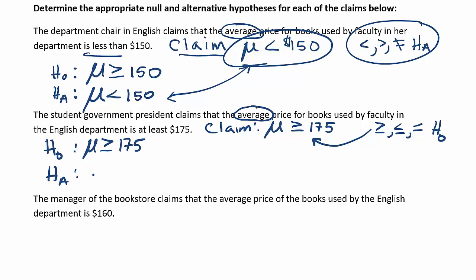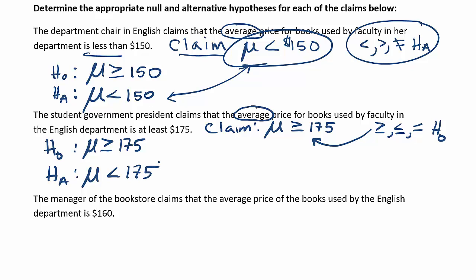And then the alternative hypothesis, of course, has to express the opposite idea, right? So again, just based on the symbol, we decided whether the claim was the null or the alternative. And then once we figure that out, we just look at the other one and say, what's the opposite of being greater than or equal to 175? What's left over? It's just going to be less than, right? So again, a number is either greater than or equal to 175, or it must be less than 175.